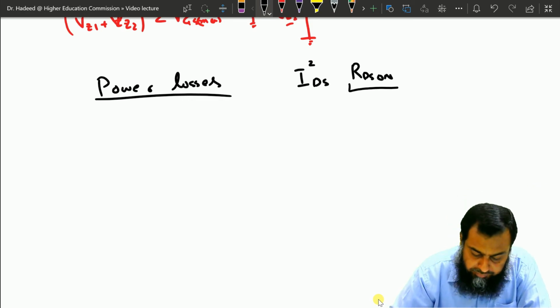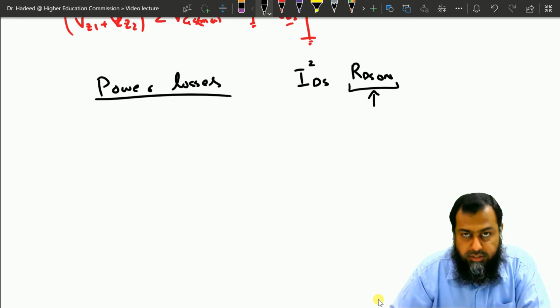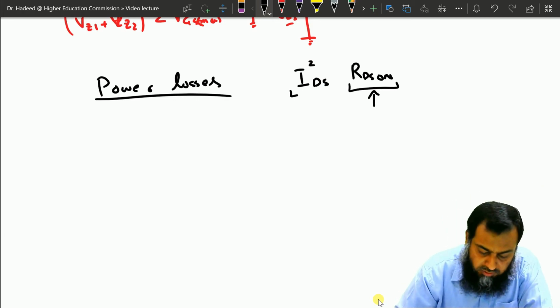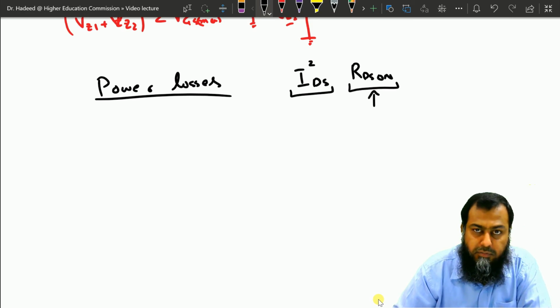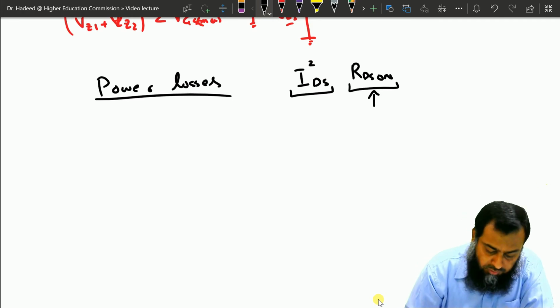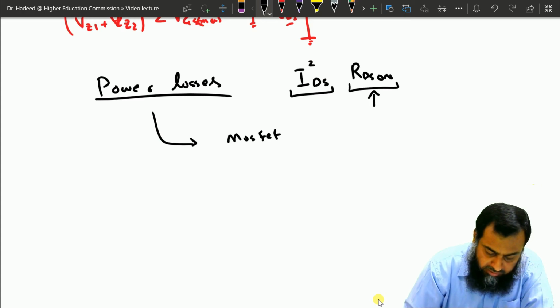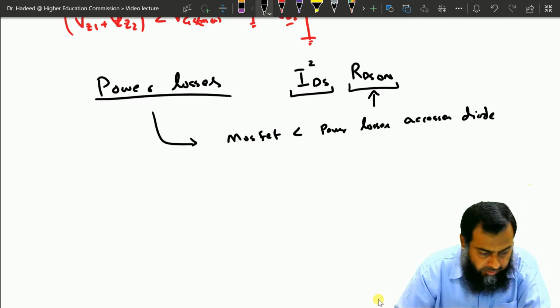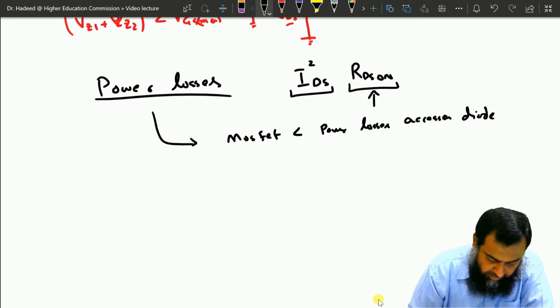For some MOSFETs this is in several hundreds of milliohms, and for some it is very low, as low as a few milliohms. And I_DS is the maximum amount of current that flows from the drain to the source. As you will see shortly, the power losses of a MOSFET are less than the power losses across a diode.